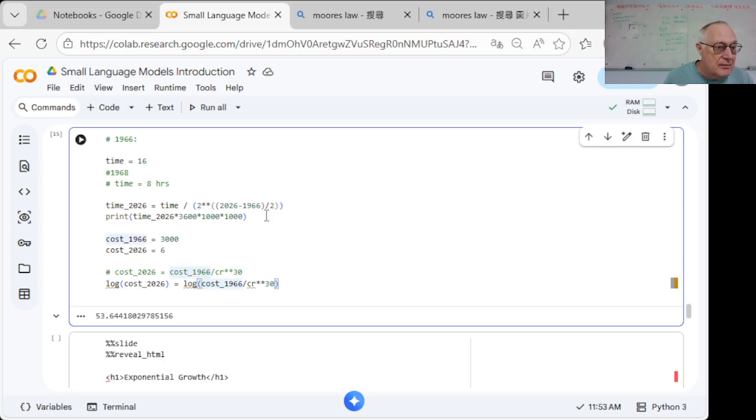Now, the logarithm of x times y is equal to, remember, plus, right?